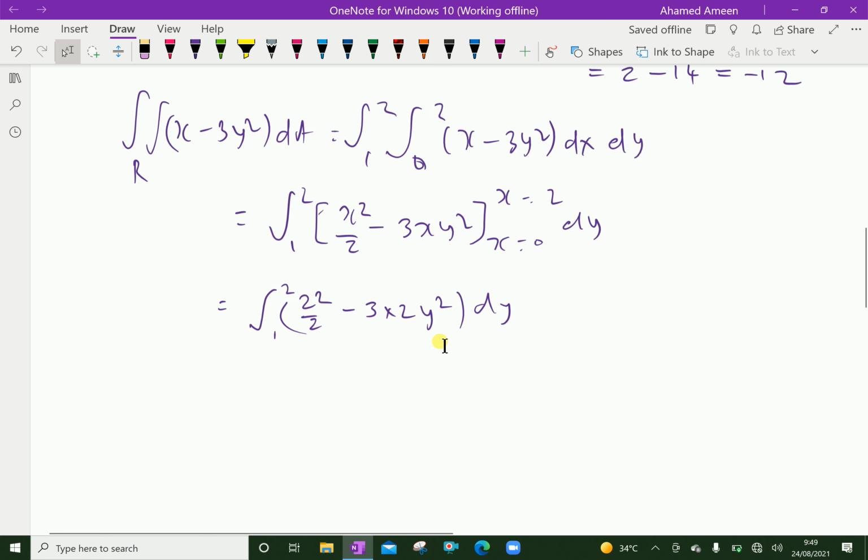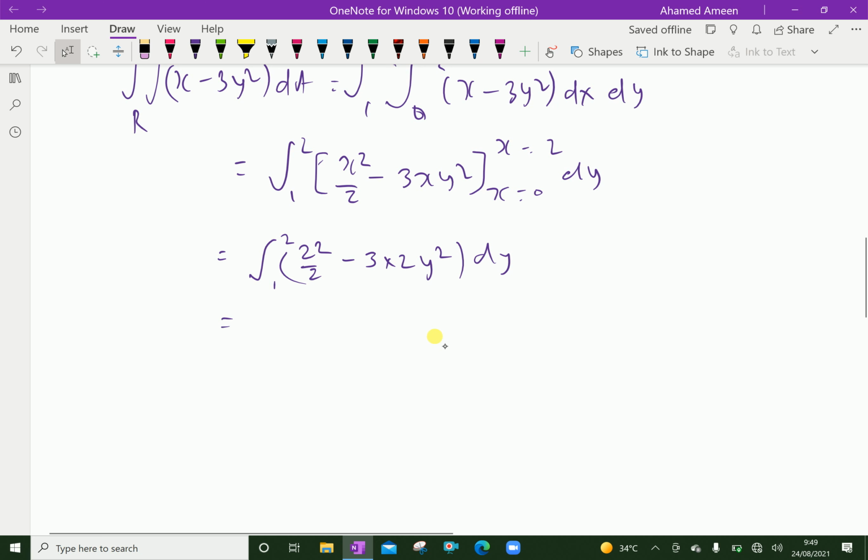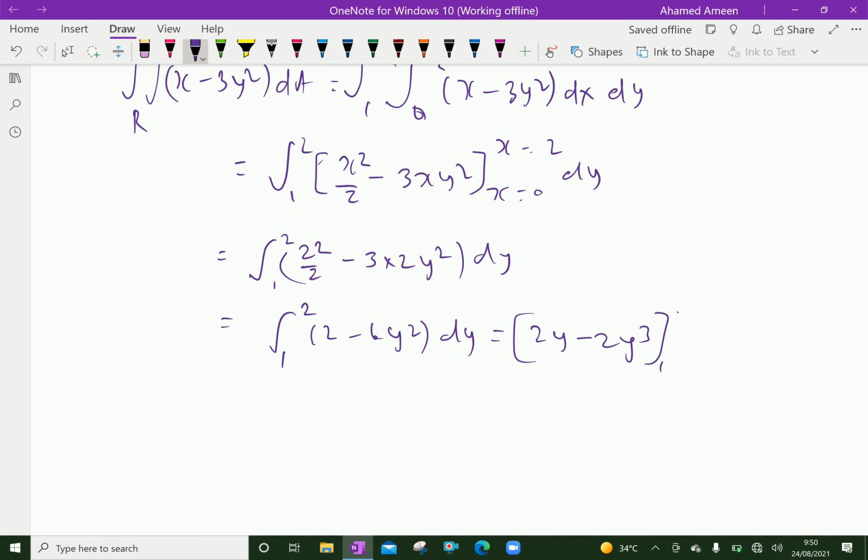So we have the integral from 1 to 2 of 2 minus 6y squared dy, which is equal to 2y minus 2y cubed, from 1 to 2. That means we are substituting the values y equal to 2, that is 2 into 2 is 4 minus 2 into 2 cubed, minus using the value 1 for y, and we will get minus 12.